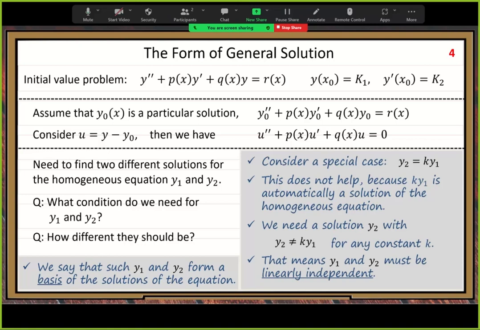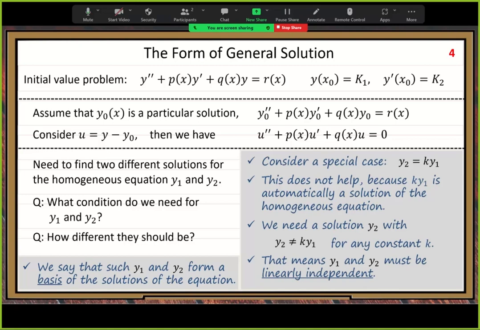Here, specifically, the meaning is this. Later, we will get a criterion to determine how to check if two functions are linearly independent.